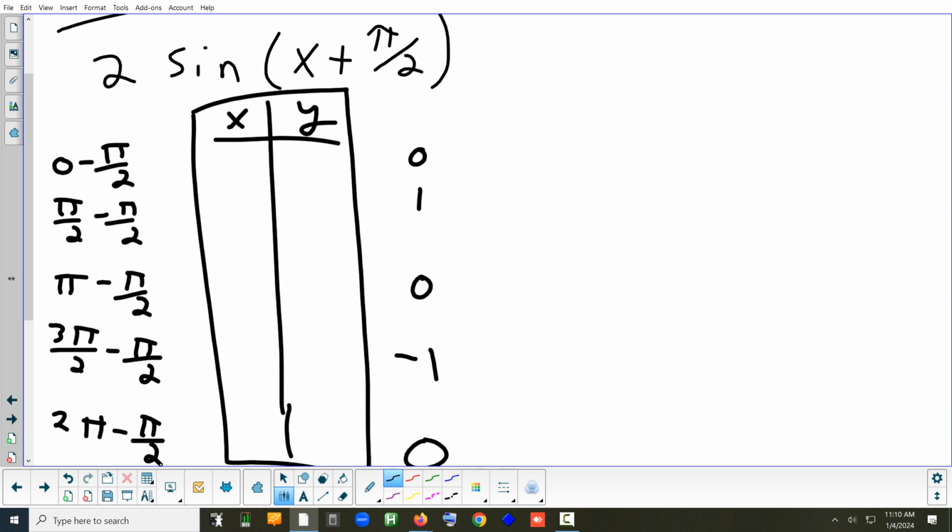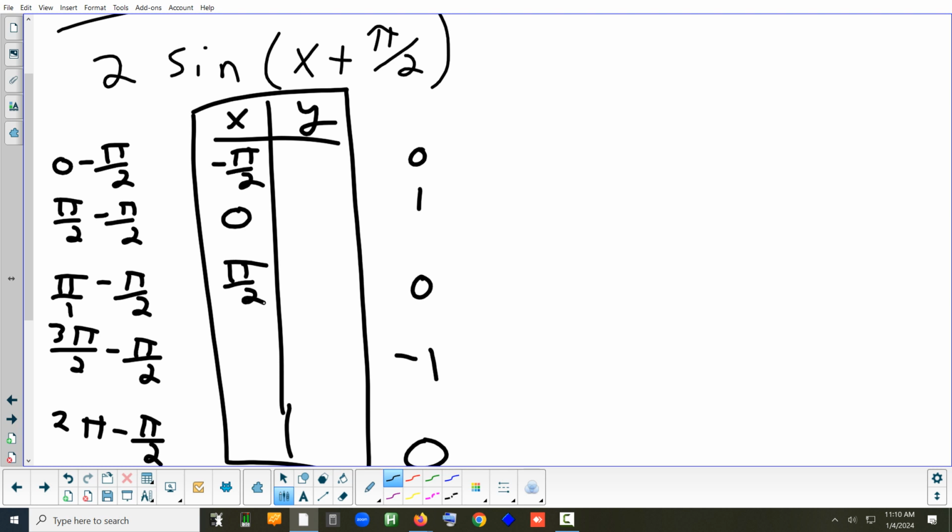If we need to do common denominators, we can, but hopefully we're kind of past that. But let's just go through it. What's 0 minus pi over 2? So negative pi over 2. Pi over 2 minus pi over 2 is 0. How about pi over 1 minus pi over 2? It's pi over 2.